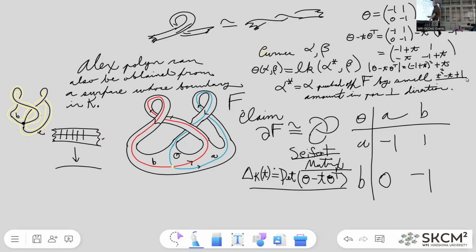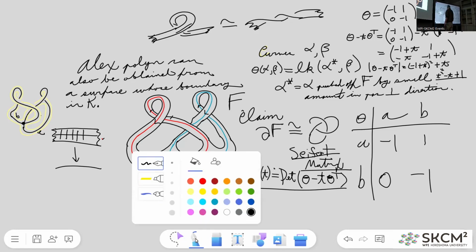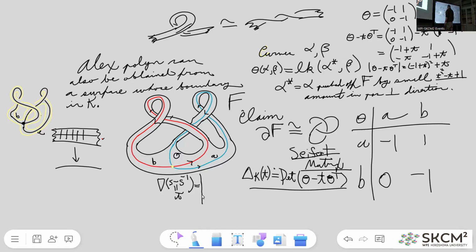And the Conway polynomial of S minus S inverse, or T, turns out to be equal to the determinant of S theta minus S inverse theta transpose.